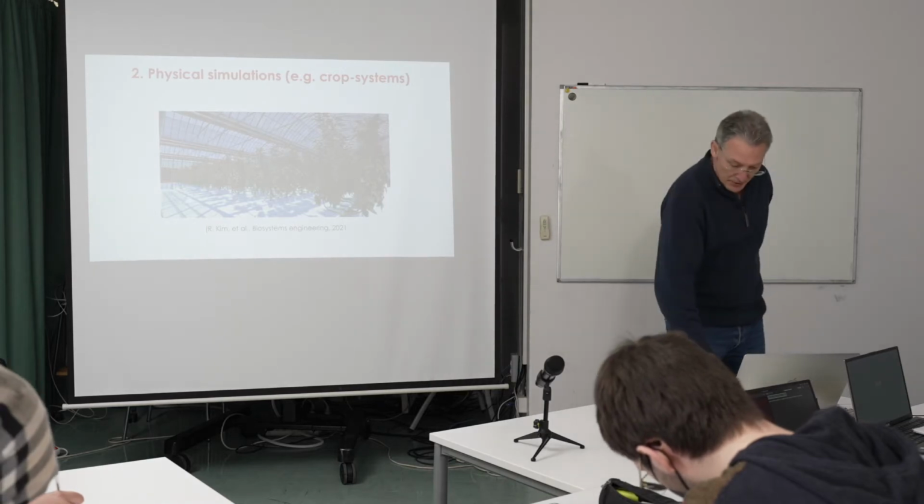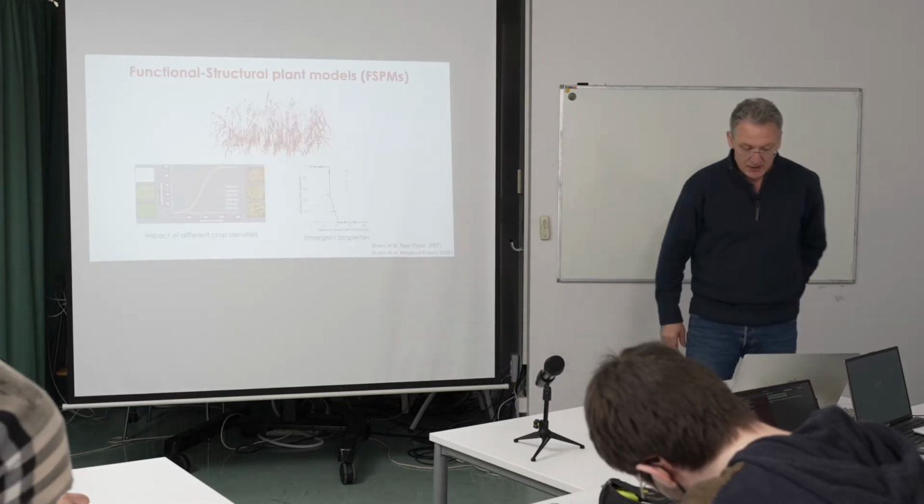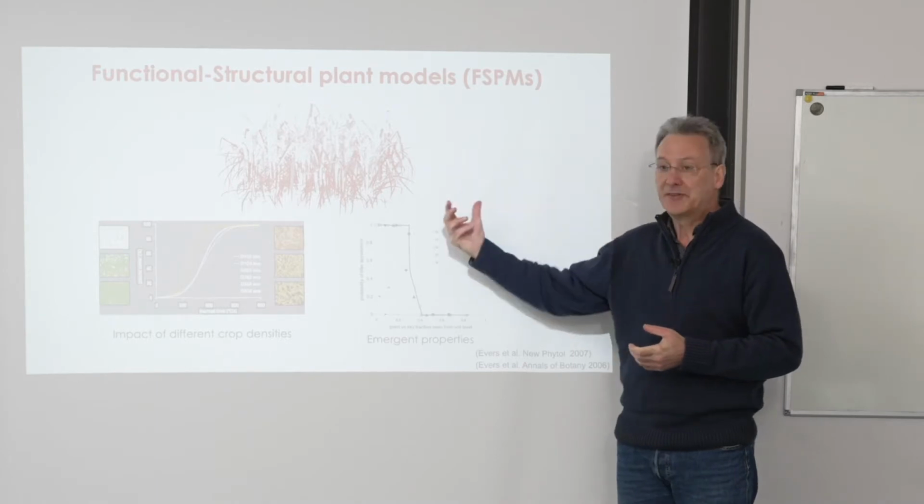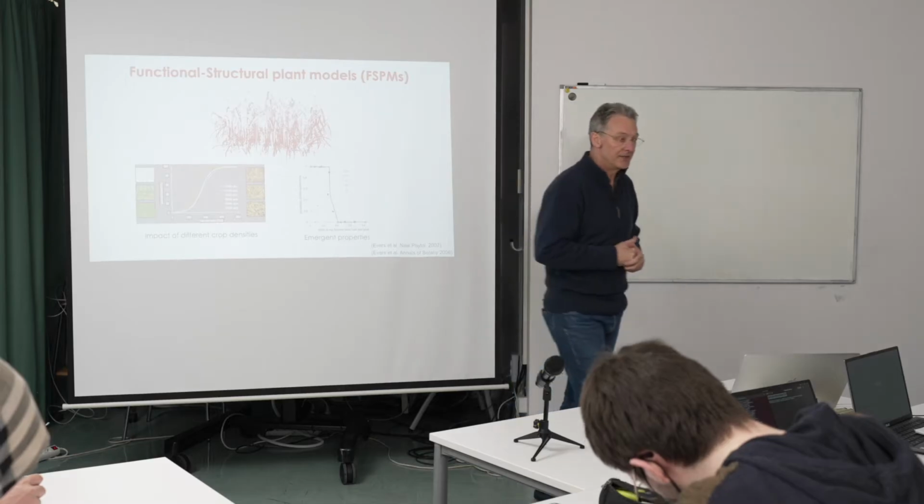So there are a number of approaches that are really trying to figure out how to represent the plants at a more or less detailed level in order to produce these virtual models and to be able to use them in physically based simulations.